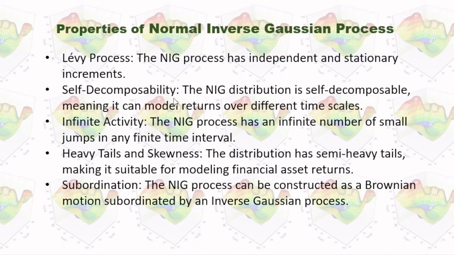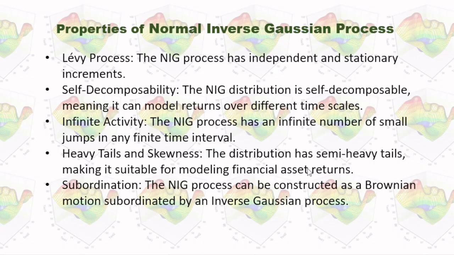The NIG process has independent and stationary increments, and the NIG distribution can model returns over different timescales. The NIG process has an infinite number of small jumps in any finite time interval.